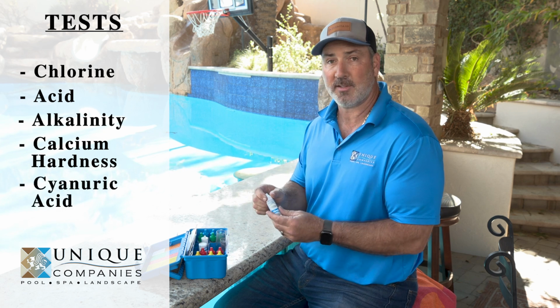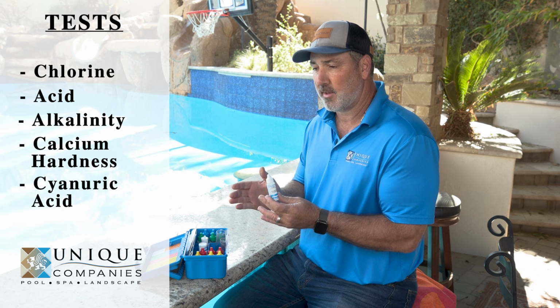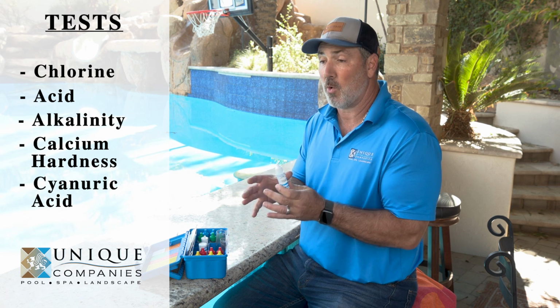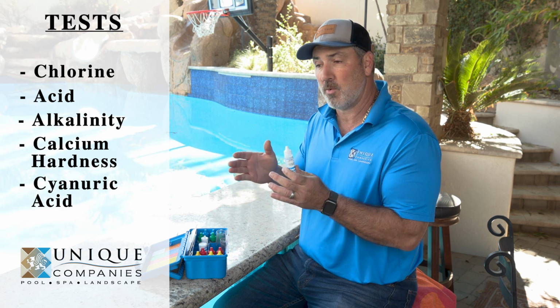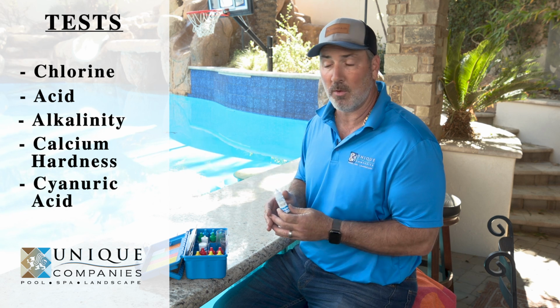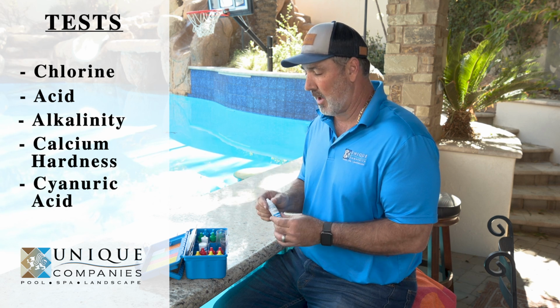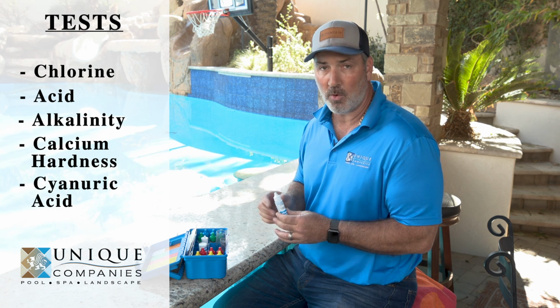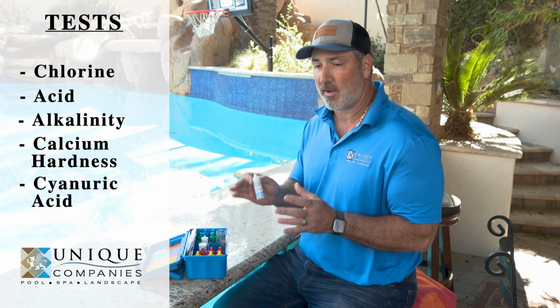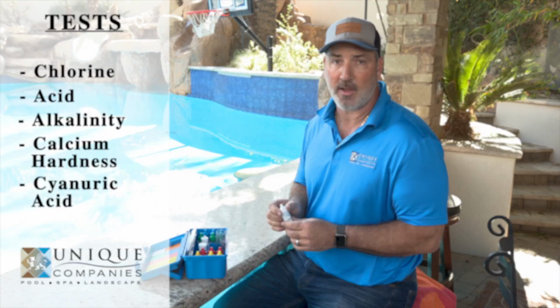And then there's cyanuric acid levels. So cyanuric acid stabilizes, holds and combines chlorine together so you can use it longer within the pool. But it's one of those items that you don't want too high in the pool. And we'll go into that a little bit later on how cyanuric acid affects your LSI.